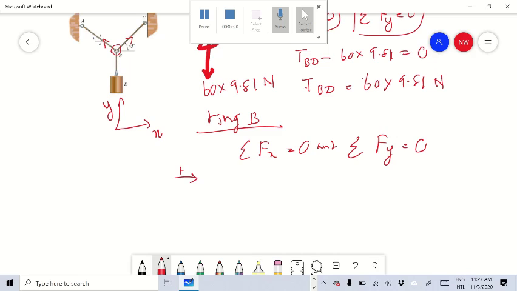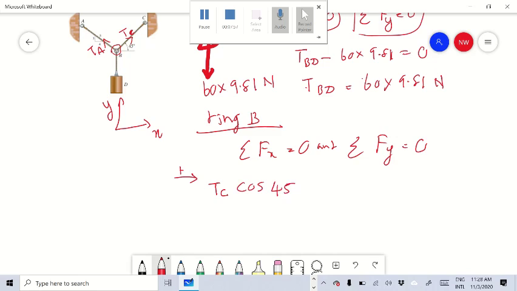If I say this as TC and this as TA, so I can write TC, the resolvement in the x direction is TC cos 45, right?